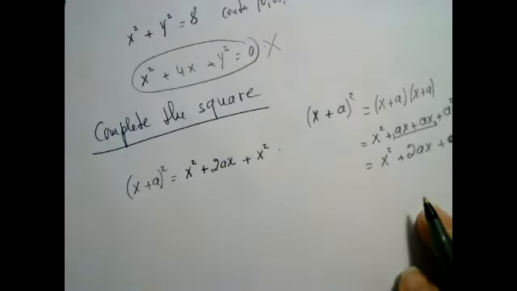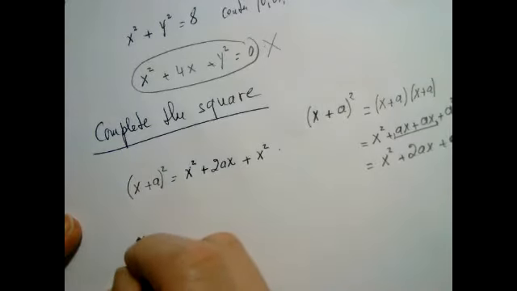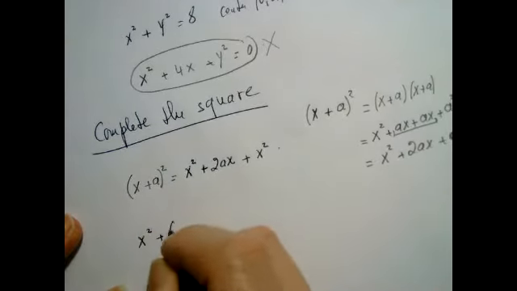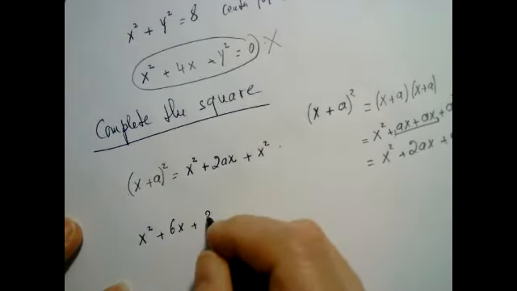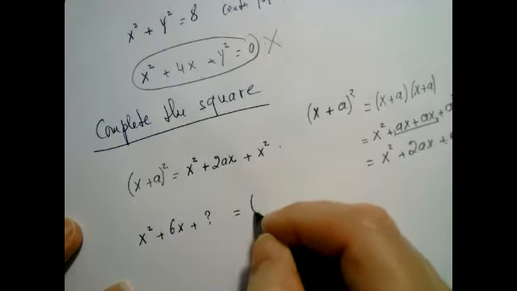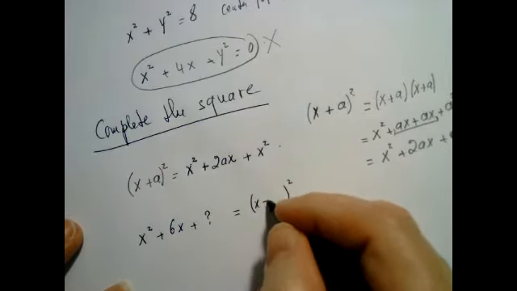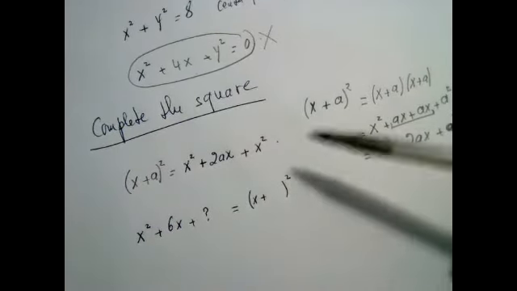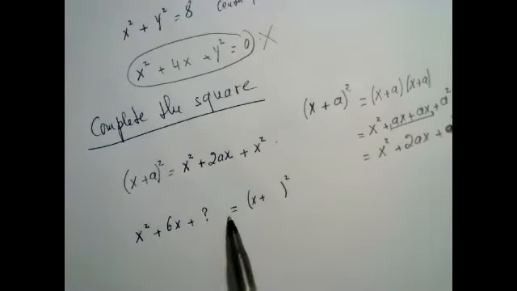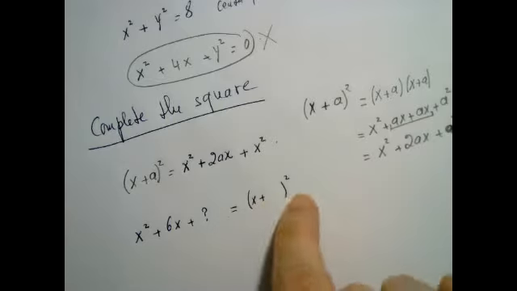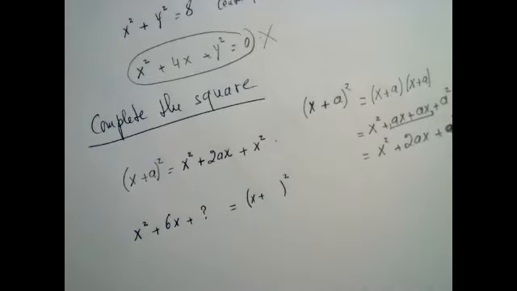Now, suppose I ask you the following question. Suppose I take the following expression, x squared plus 6x, and I ask you, what do you think I should add so that this would become something squared? By analogy, what do you think I should add?